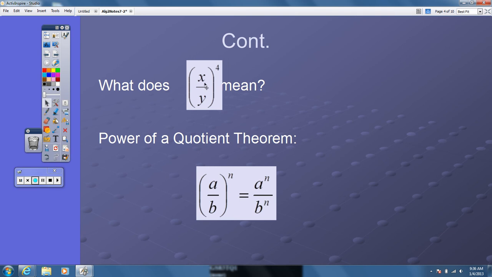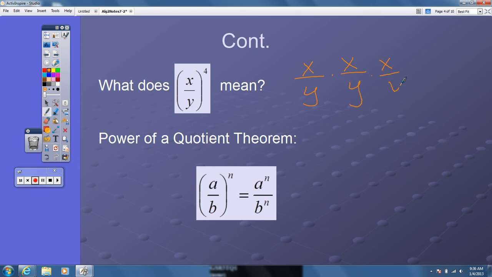This is a power of a quotient theorem. What does x over y to the fourth mean? Well, just expand it, and we get this. If you remember how to multiply fractions, you multiply the top, you keep them on top, multiply the bottoms, keep them on bottom.